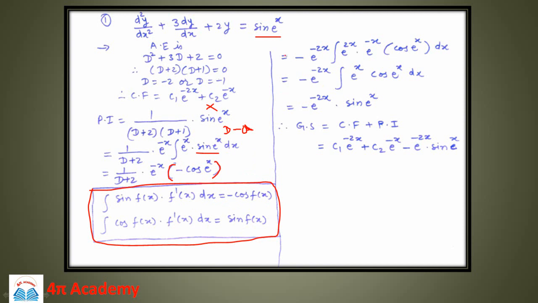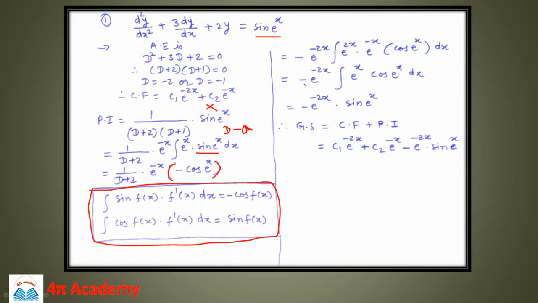Now the second part, so here it will be D minus a, where a is now minus 2, so this minus sign you have to take outside the integral, so minus e raised to power minus 2x, where a is minus 2, into the integration of e raised to power minus ax, so here minus minus becomes plus 2x, into again this term, that is e raised to power minus x into cos of e raised to power x dx.